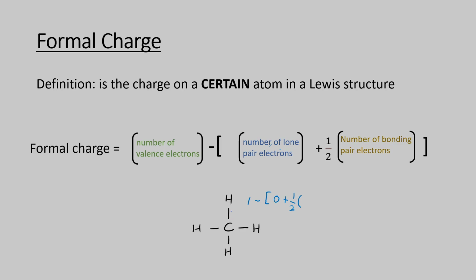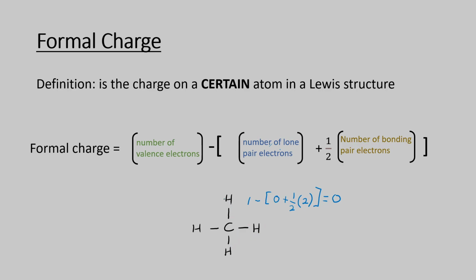Satu elektron from carbon, satu elektron from hydrogen. So, 2. So, charge dia berapa? So, 1 tolak 0 tambah 2/2, which is 1 kan? So, charge dia 0. While, kalau you tengok semua hydrogen will have the same kan?